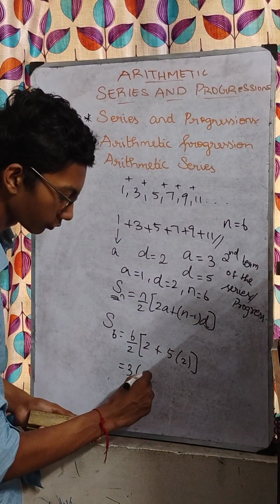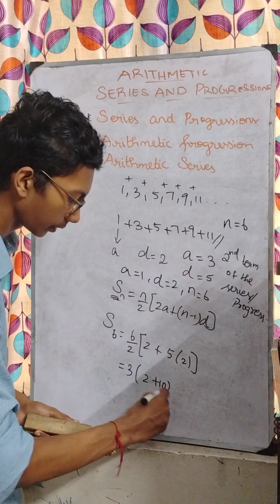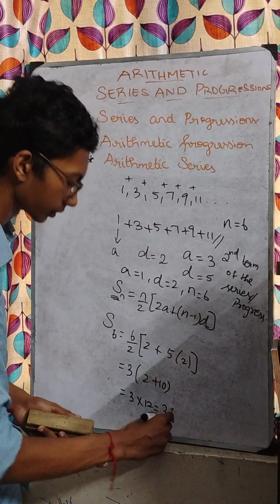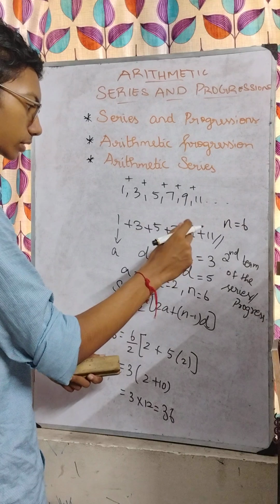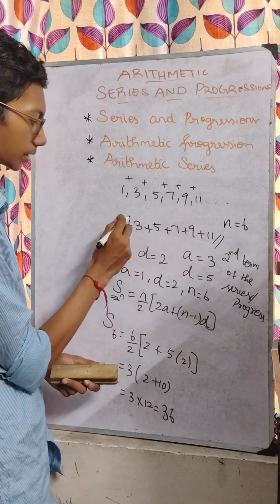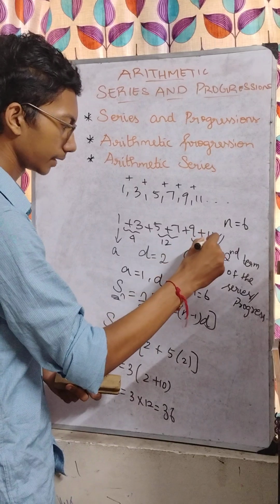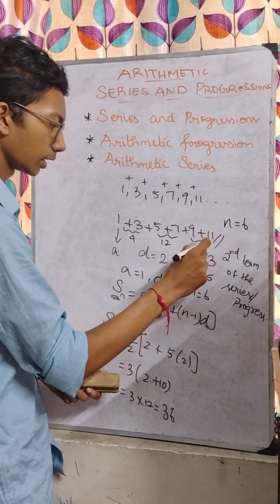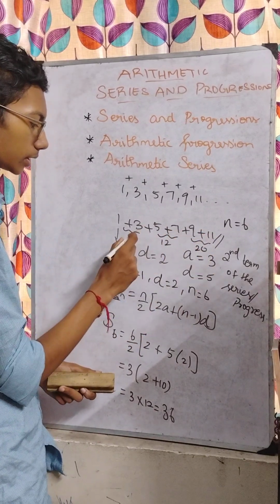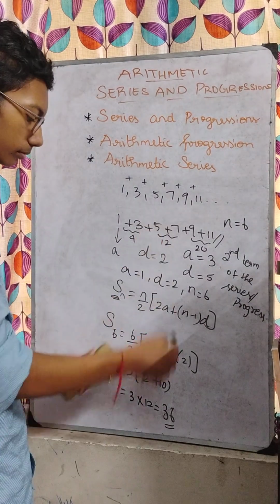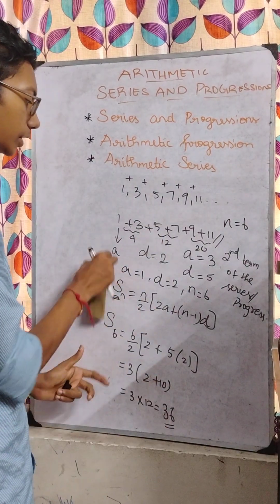So 3 times of 2 plus 10 gives 3 times 12, which is 36. If we add all these numbers, let's just add them. We get 4, with these 12, add these 2, we get 20, 20 plus 12, 32, 32 plus 4, 36. So this is the actual method to find the sum of a series.